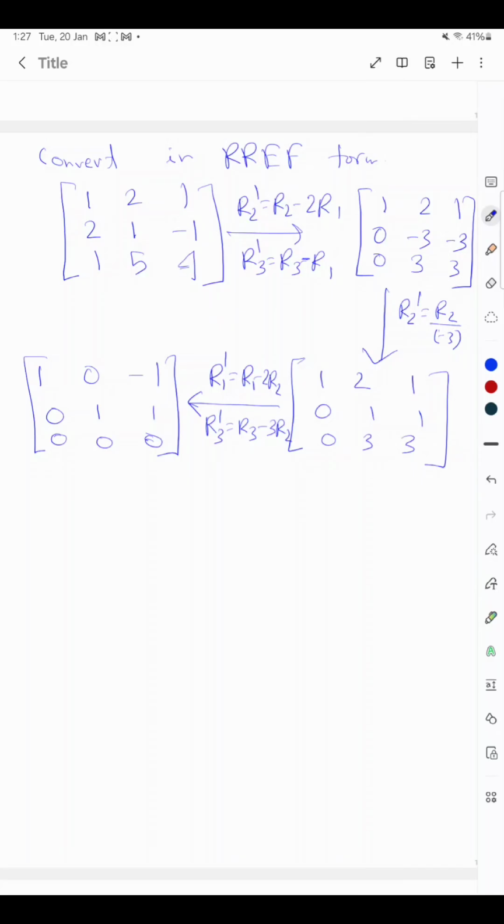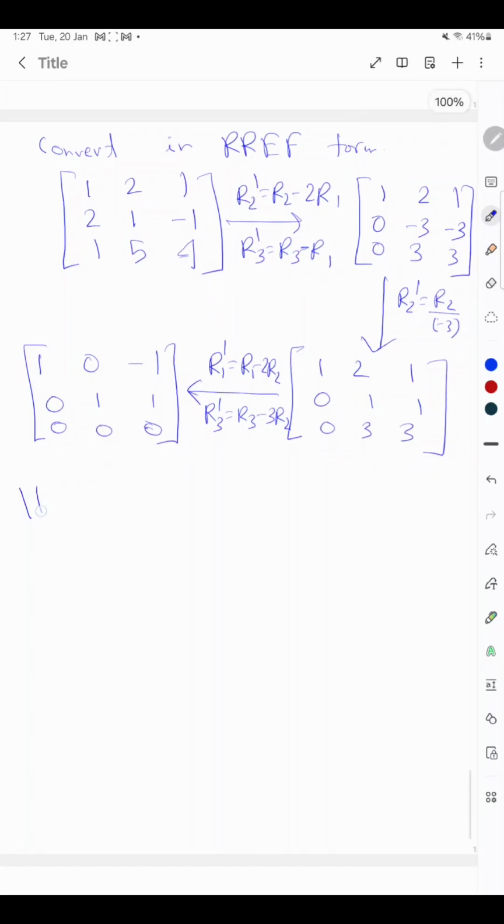Okay, so your homework 4 is to convert into RREF. Remember, every RREF is also a REF, right? Because RREF is more special. So if you convert into RREF, no problem if they ask for REF.